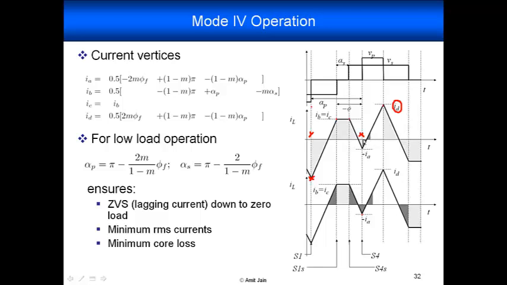So this entire area which is shaded in dark gray is resulting in zero power transfer. What is actually giving us positive power transfer is this unshaded area, which is between these two time instants.